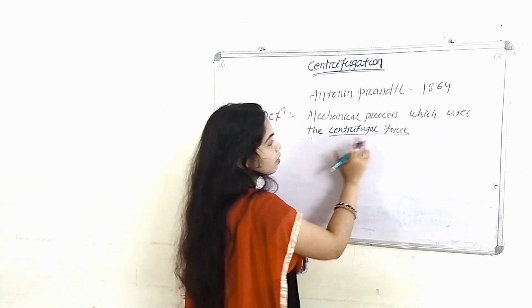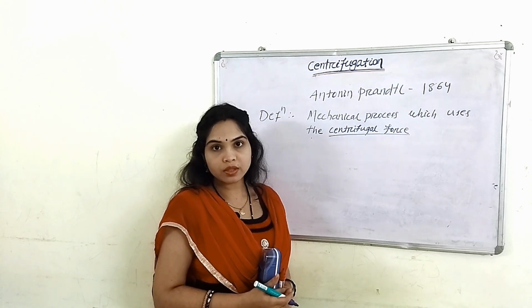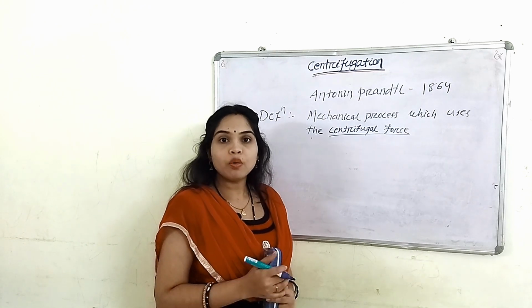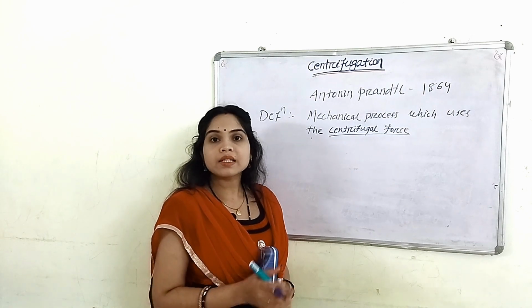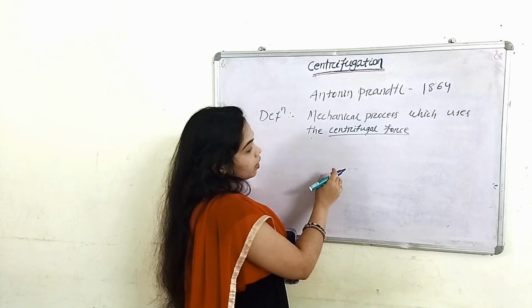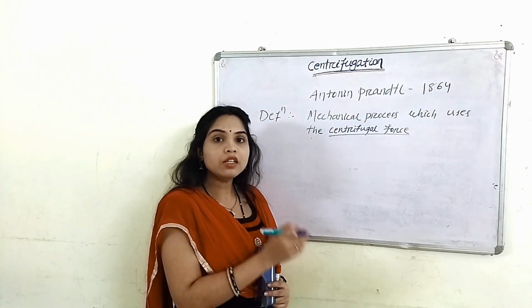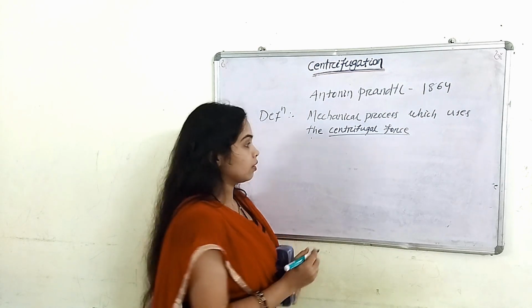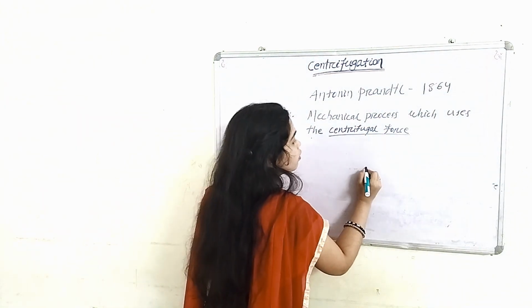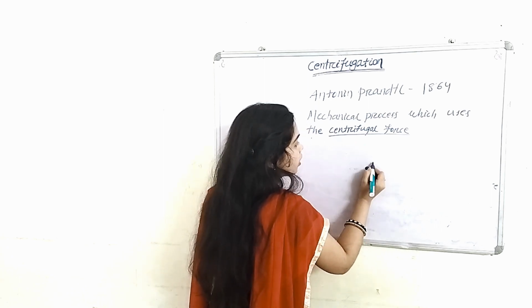Centrifugal force is an external fictitious or pseudo force that acts on an object which rotates on a circular path, and the force is always perpendicular to the axis of rotation. This is the center point.